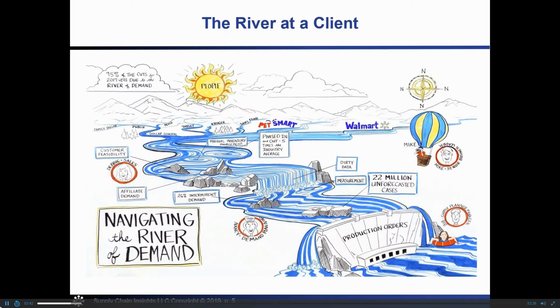And what I help clients to do is to really imagine the river. This was a consumer food and beverage company. They basically make pet food. They had tributaries that started with their local retailers. They navigated the river of demand through their tributaries, looked at how they could use the river of demand, and they looked at what the rocks were in the river.